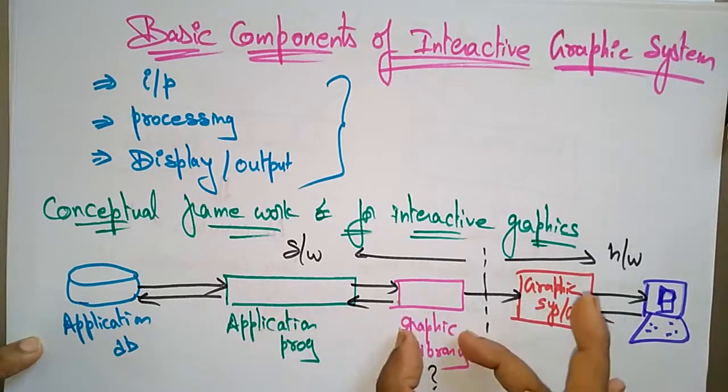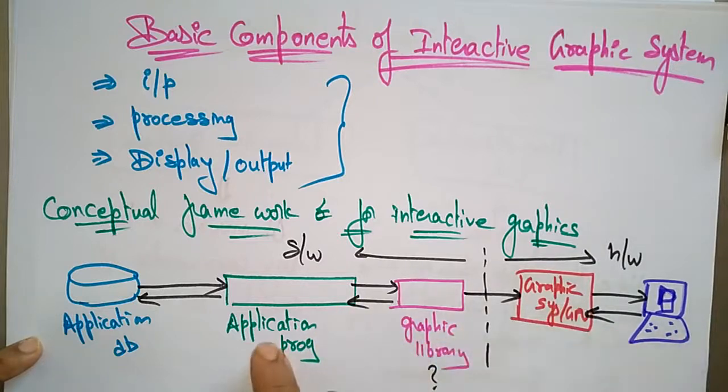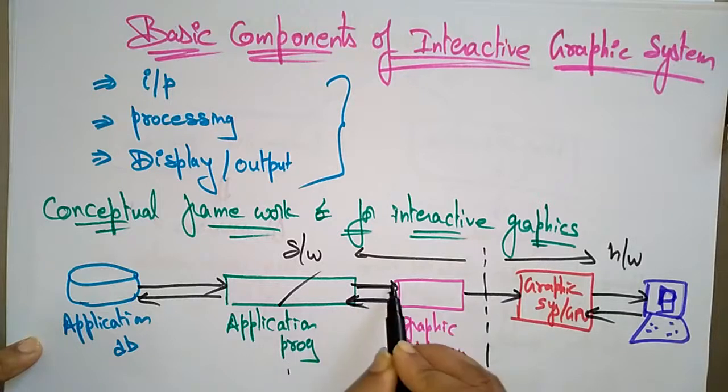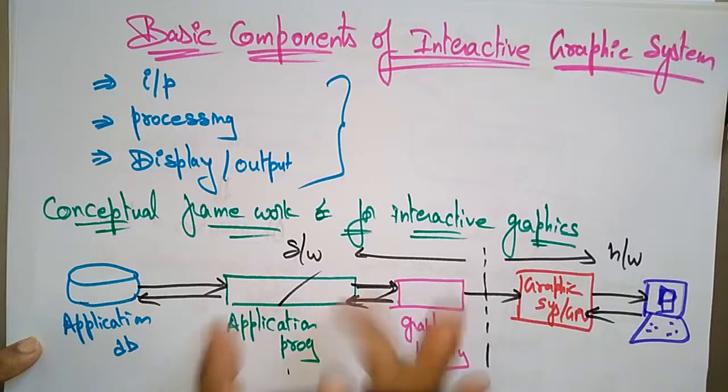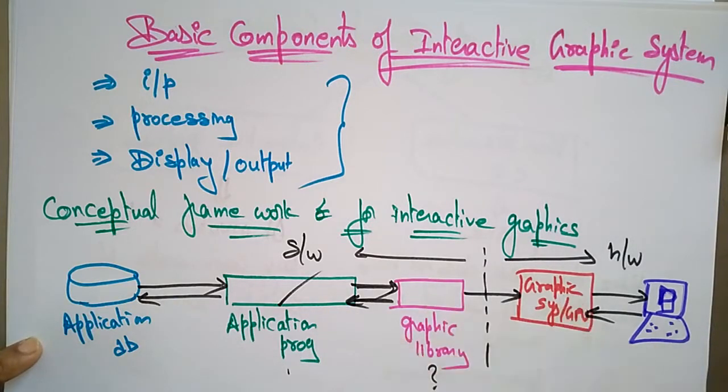The application program maps all application objects to images by invoking the graphics. That's why it's a two-way communication.